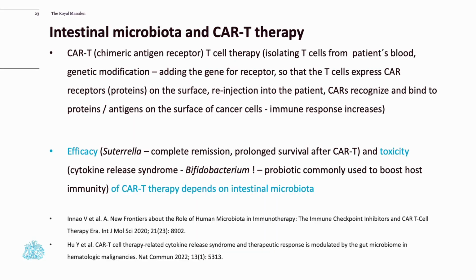We add a receptor on the T cell, and then it's multiplied, then injected back to the patient, and then the receptors are recognizing the proteins on the surface of the plasma cells, and then the plasma cells die. So that enhances the immune response in a patient.